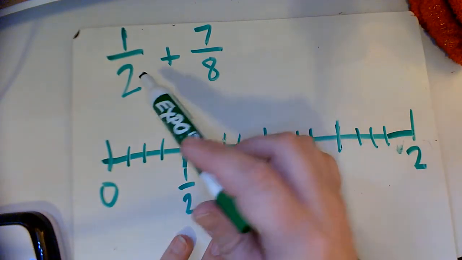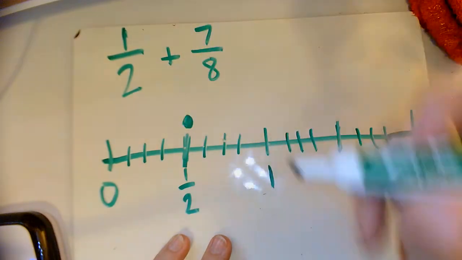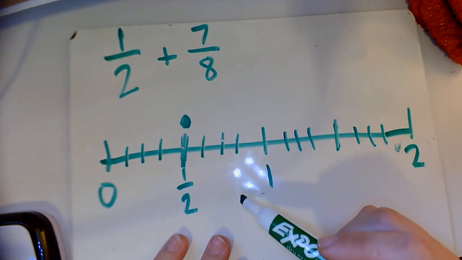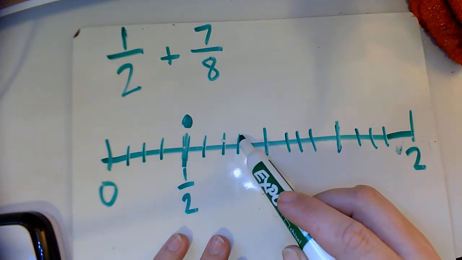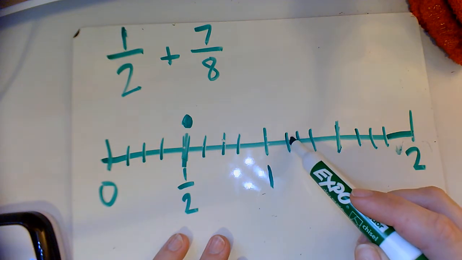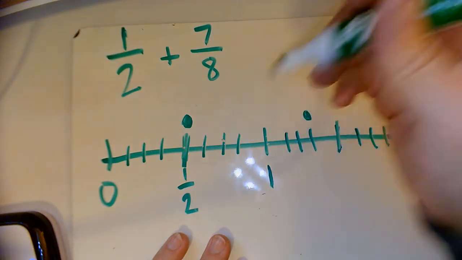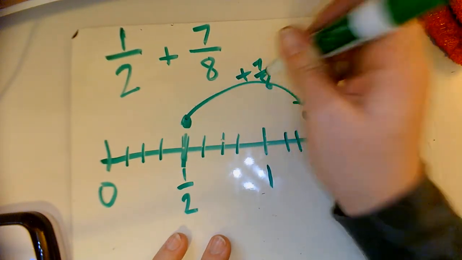Okay, so if I'm starting at 1/2, I'm going to put my little marker there, and I'm going to add 7/8. Okay, so if I go 1, 2, 3, 4, 5, 6, 7. So I just added 7/8.